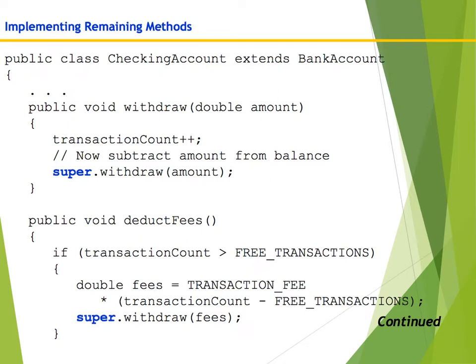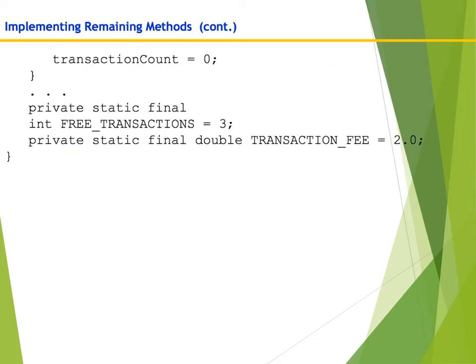And then after that, you can simply call the withdraw method of the superclass, and inside the explicit parameters you simply pass the fees, which is the result of your previous calculations. At the end of the deductFees method implementation, we need to reset the transaction count to 0.